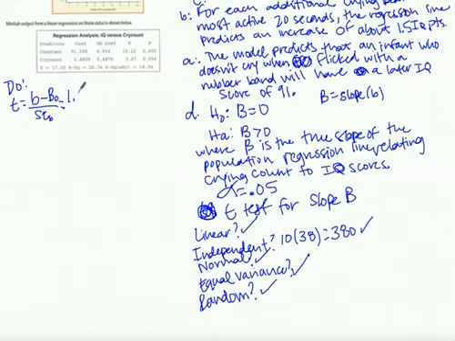So that would be 1.4929, which came from here, minus 0, because we're going to assume that the slope is 0, over the standard error of the slope, which would be 0.4870. And when we do that, we get 3.07. Now, we calculated that by hand, but the Minitab also gives us that value right here.